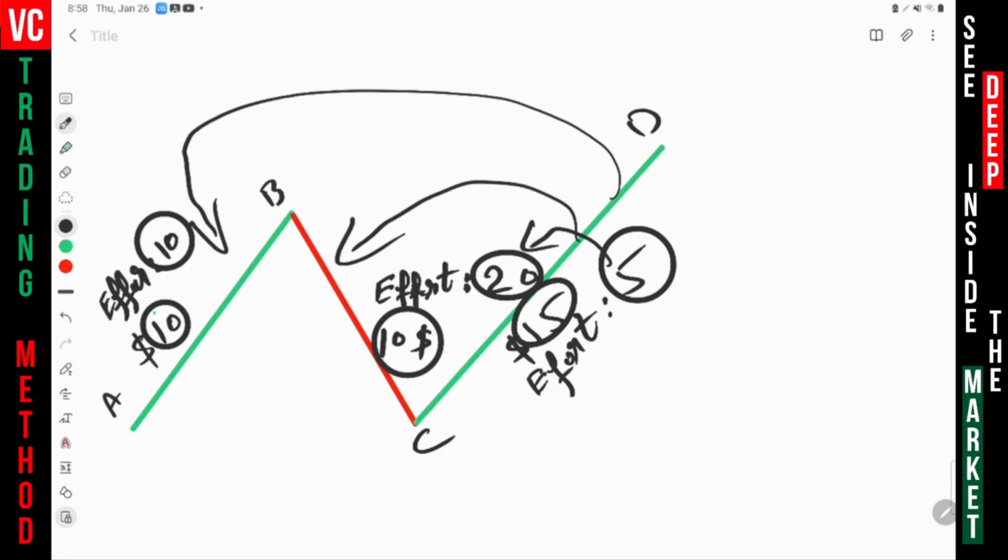But at this stage, we can have a retracement, depending on the resistance level or something.